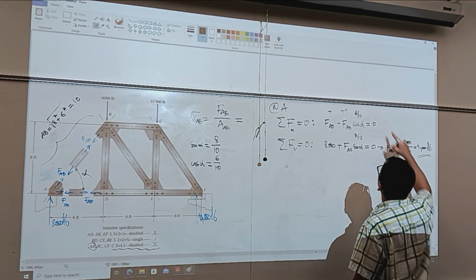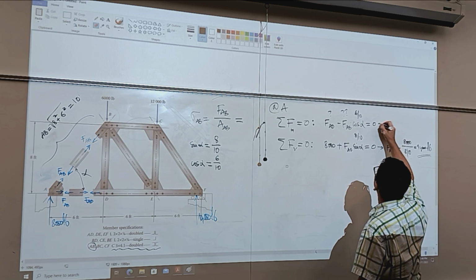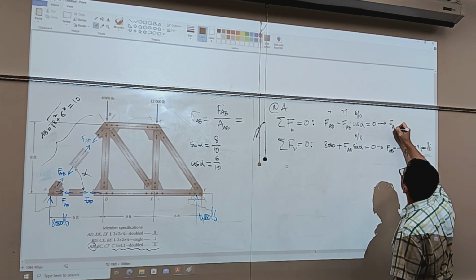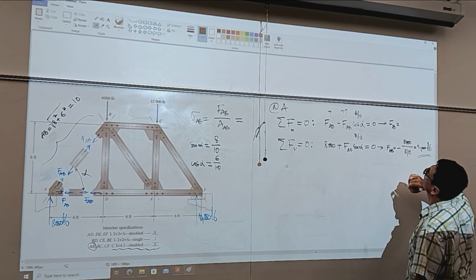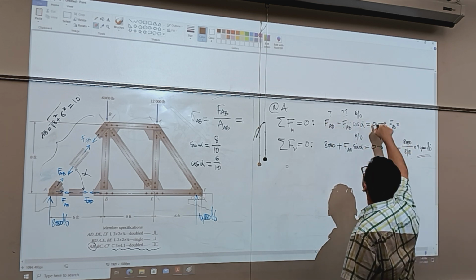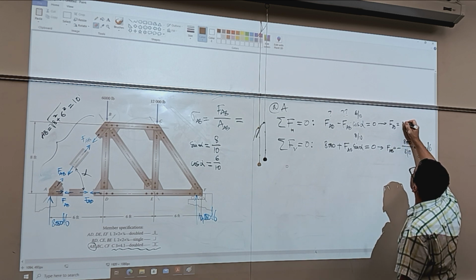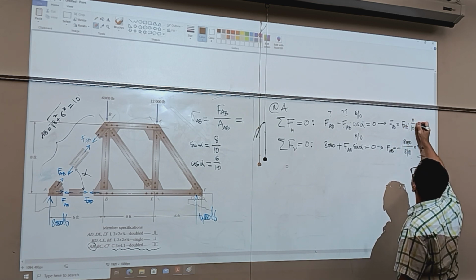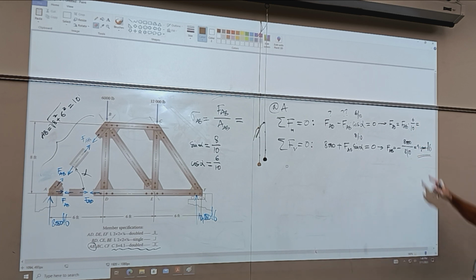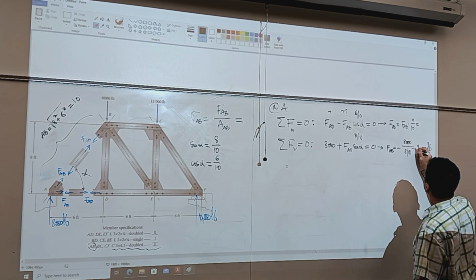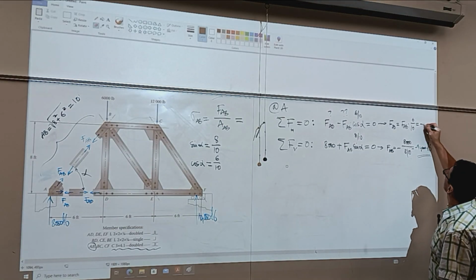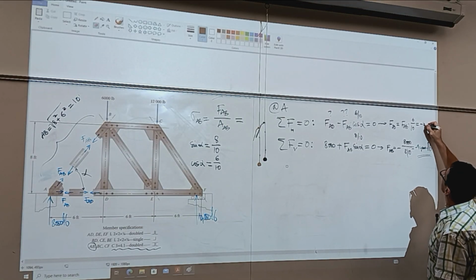Okay, and with this one, I can go back to the first equation and solve for FAD now. Moving it to the side, it's going to be FAB times 6 over 10, which is, oh, I forgot the minus. The minus is important, and we need to use it with its sign. So it's going to be negative 10,000 times 6 over 10.